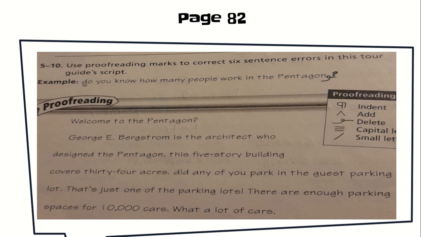Let's continue with letter B on the bottom. Use proofreading marks to correct 6 sentence errors in this tourist guide script. Example. It's missing the capital letter. You write those 3 little lines below the letter in red, and then you write the letter C for capitalization. Do you know how many people work in the Pentagon?